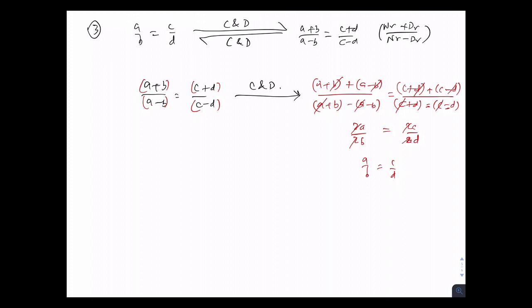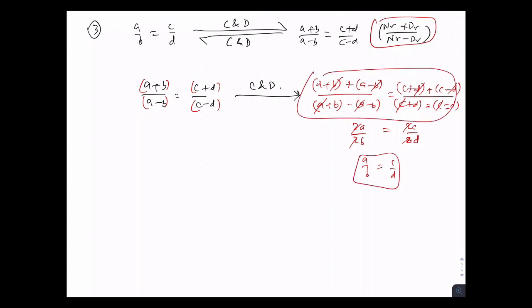So basically, if you want to simplify any problem in this form, you should use the componendo and dividendo operation. Now, can you always do this kind of calculation? That is quite tedious, right? So what we do is observe what actually happened.